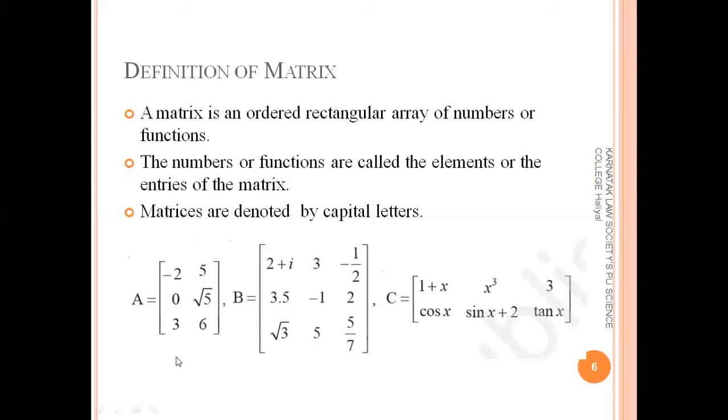So while writing the order of a matrix, first we write the number of rows and after that the number of columns. So the order of this matrix is 3 by 2. Example B has 3 rows and 3 columns, so its order is 3 by 3, and the order of matrix C is 2 by 3.